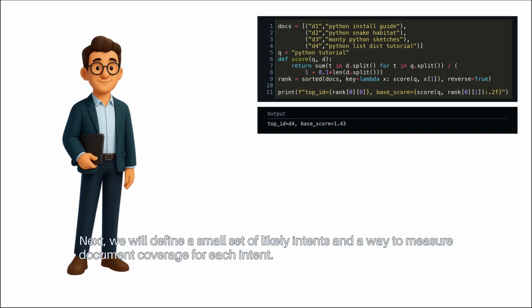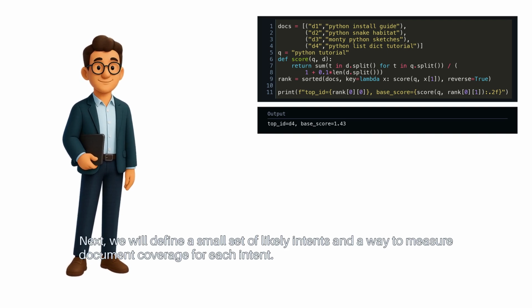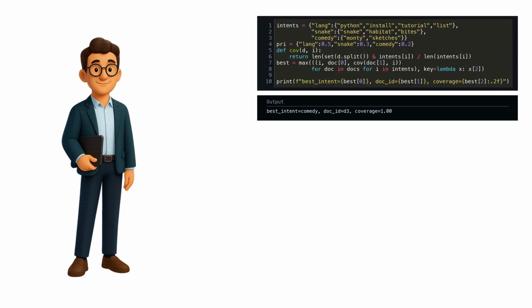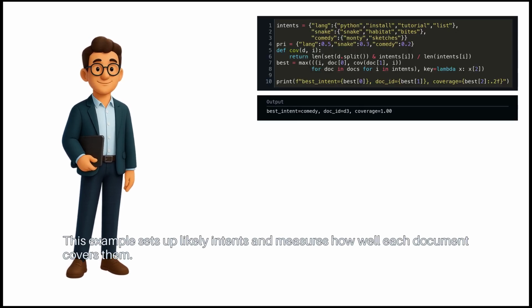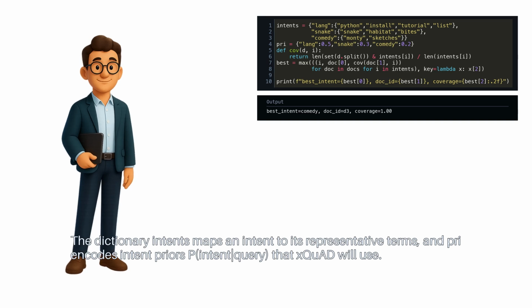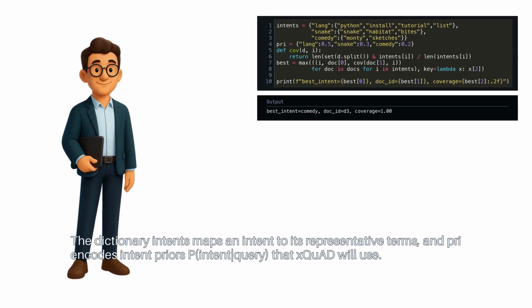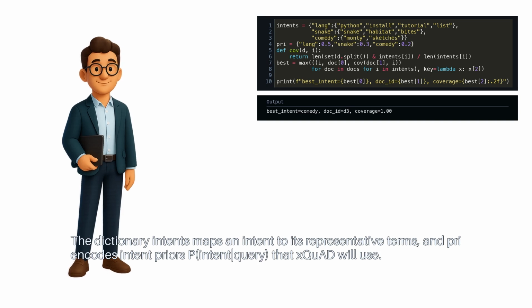Next, we will define a small set of likely intents and a way to measure document coverage for each intent. This example sets up likely intents and measures how well each document covers them. The dictionary intents maps an intent to its representative terms, and pry encodes intent priors, p(intent|query), that xQuAD will use.